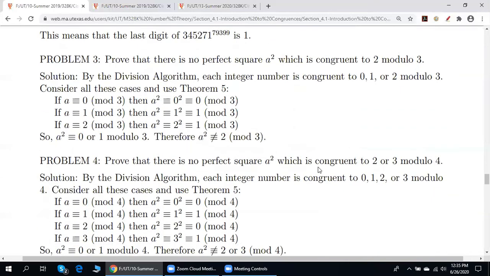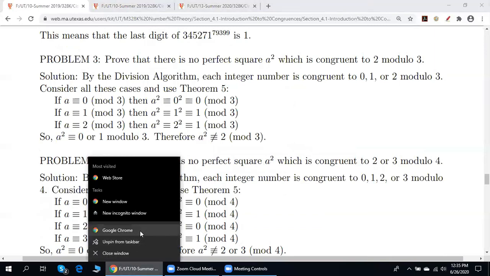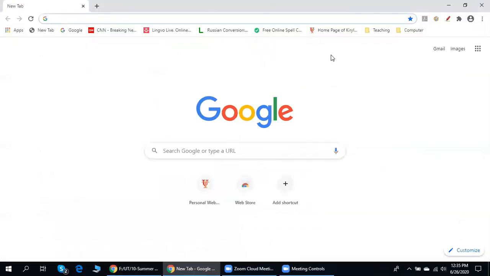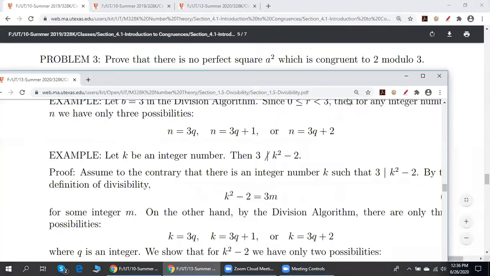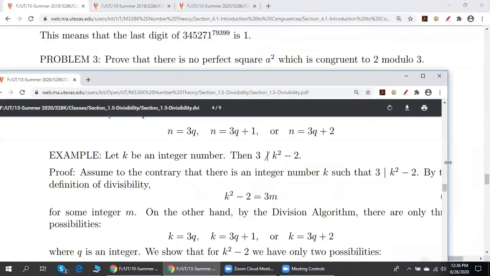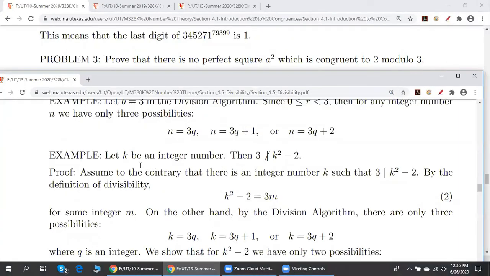Let us compare problem 3 with one of the problems that we discussed before. Please compare with this. Over here, prove that 3 never divides k squared minus 2.